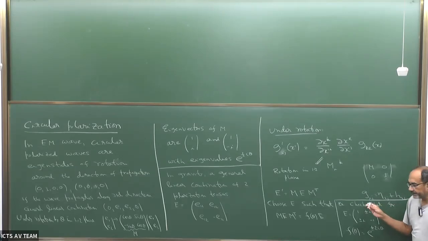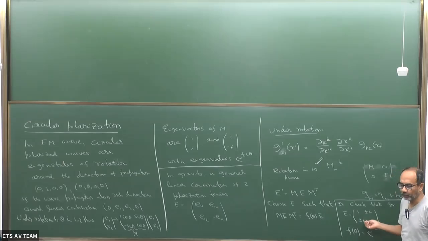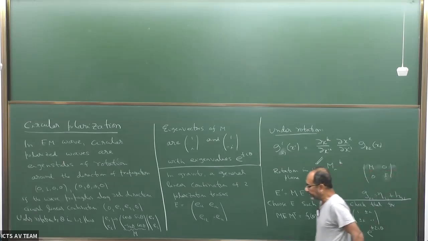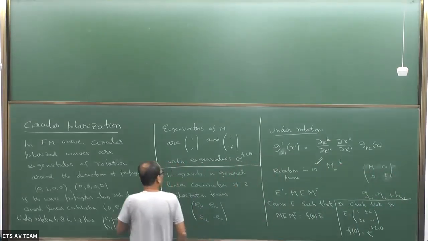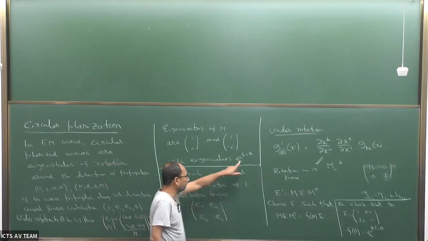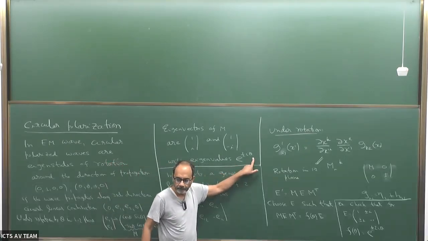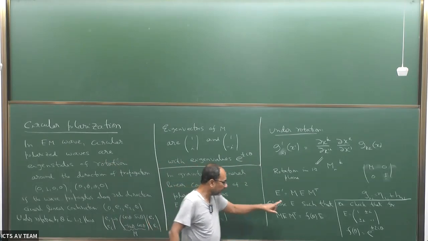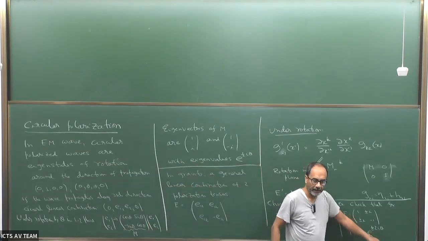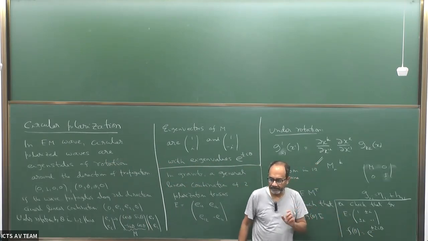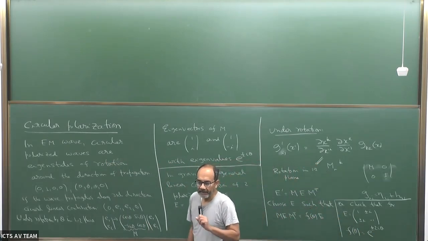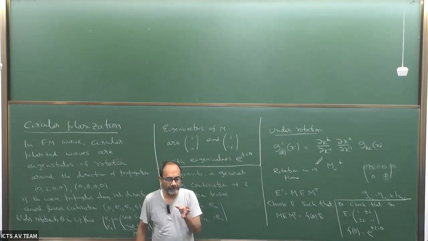So one important distinction between gravitational waves and electromagnetic waves is the eigenvalues. You can see that here the eigenvalues are e to the plus minus i theta. Here the eigenvalues are e to the plus minus 2 i theta. So the eigenvalues of the gravitational wave are as if you have rotated by twice the amount.